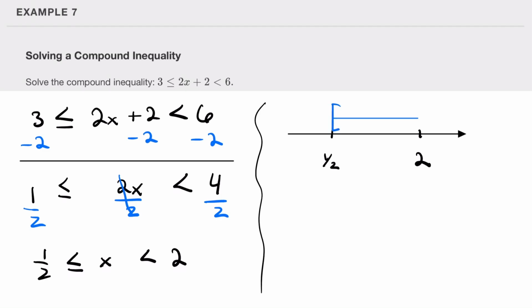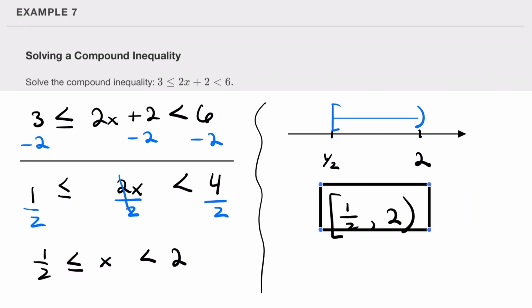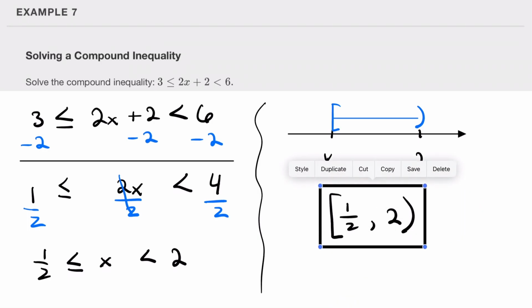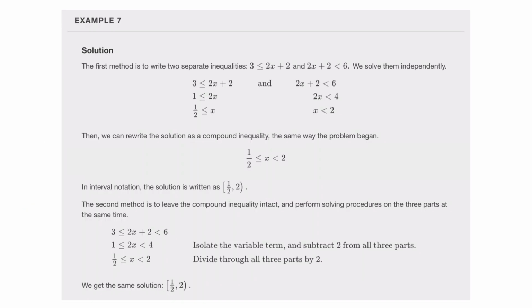But because the 2 does not have the bar, we use a parentheses. So now we're ready for interval notation. We're talking about all the numbers from 1/2 to 2. Again, the 1/2 gets a square bracket, and the 2 gets a parentheses.